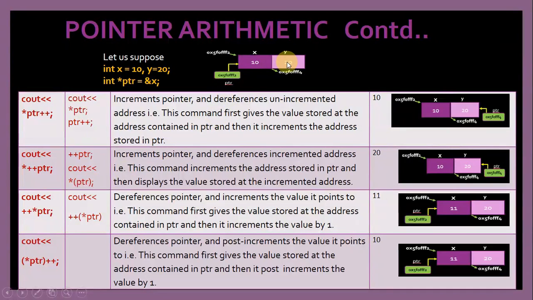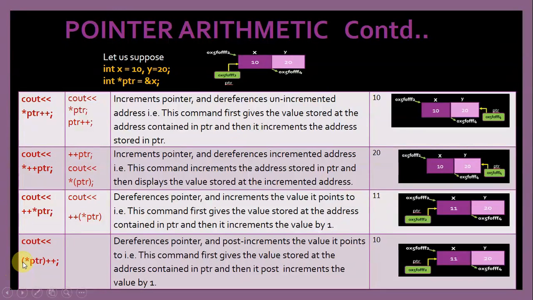If I take this as my initial situation, ptr is pointing to x. So star ptr is 10 and then 10 is incremented by 1 using the increment operator. Then 10 will become 11 and 11 will be stored at x. And this value 11 will be displayed also. So you can see how putting the sign before or after totally changes the situation. So you have to be very careful while using pointers.